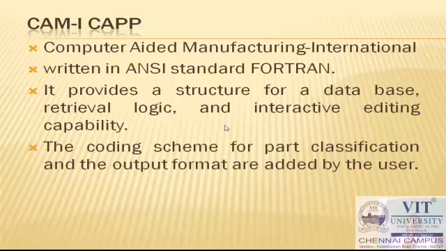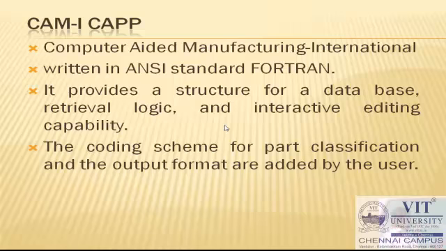To complete that product, how many resources are required? To plan everything, we need a chart, a handout. Everything will be produced by using this software. So this is one software, used in the olden days for producing computer aided process planning.